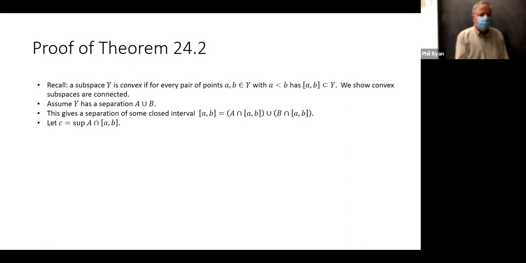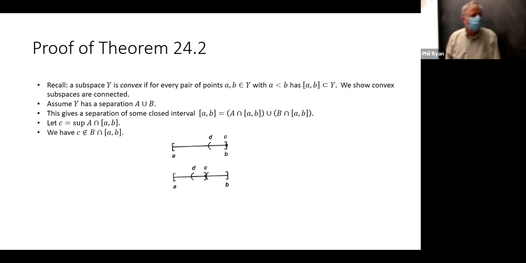And so we're just going to argue by contradiction. Well, why can't C be here? If C is in here, C is either equal to B or it's going to be between A and B. In either case, because this is an open subset, we can put a little open ball around it.